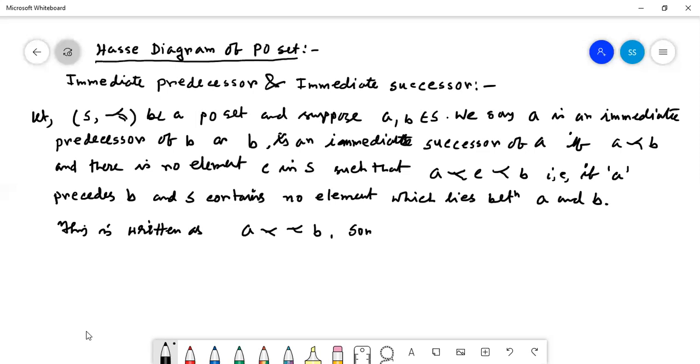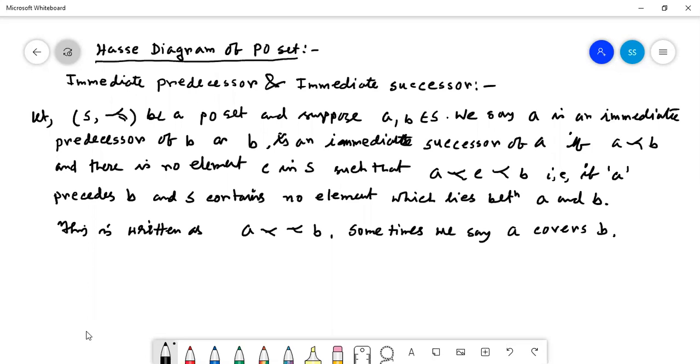Sometimes we say A covers B, or B is covered by A. There is no extra element between A and B, so A is the immediate predecessor of B and B the immediate successor of A.